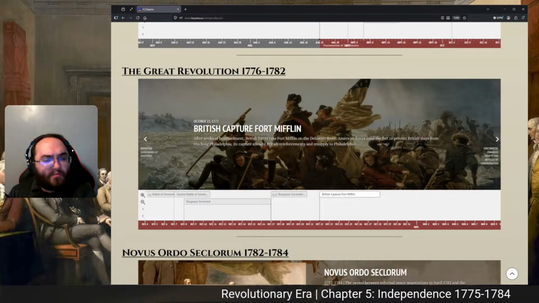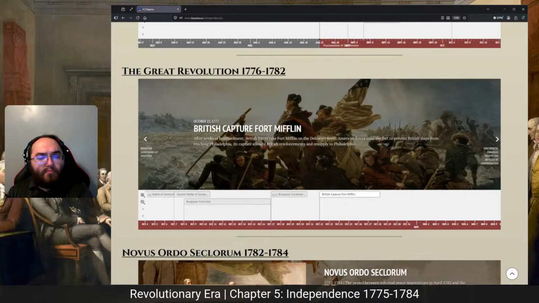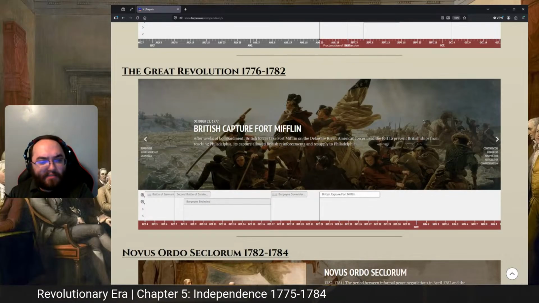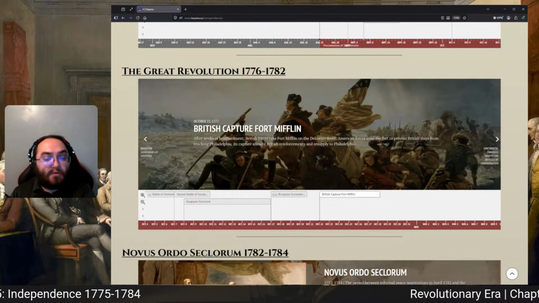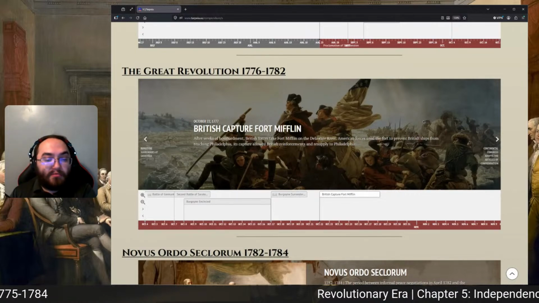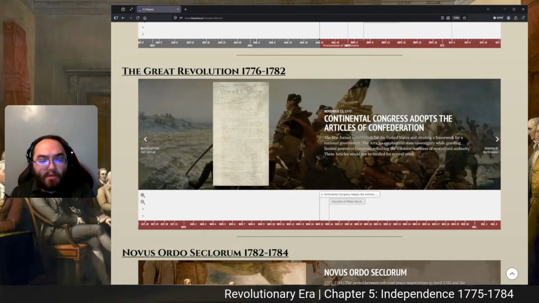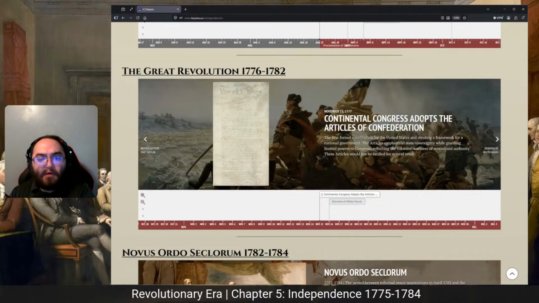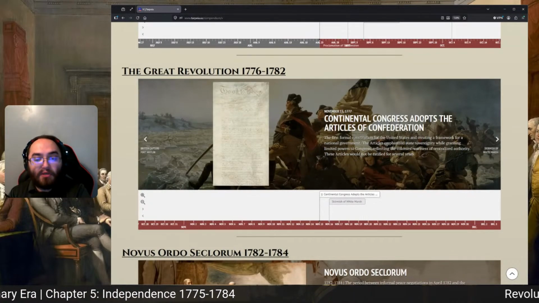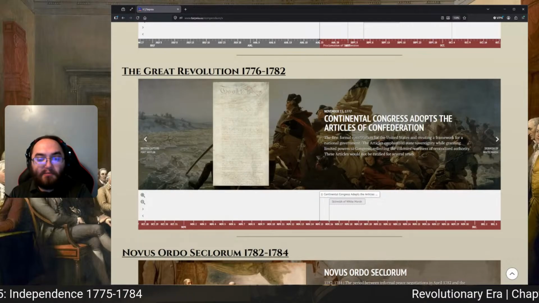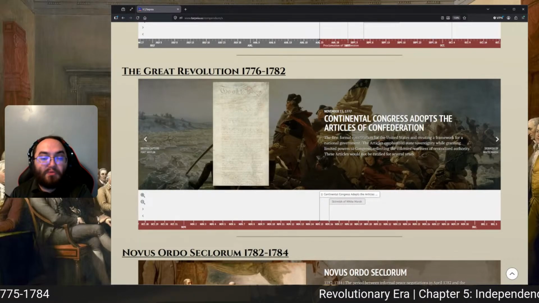We have the British capture of Fort Mifflin, and this is on the Delaware River around Philadelphia. The Continental Congress adopts the Articles of Confederation. This is the first formal constitution for the United States, and it created the framework for a national government.